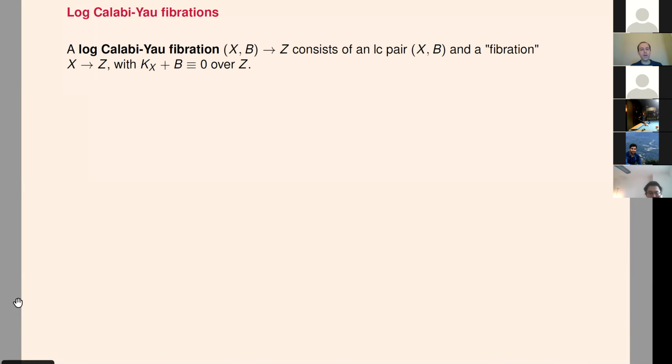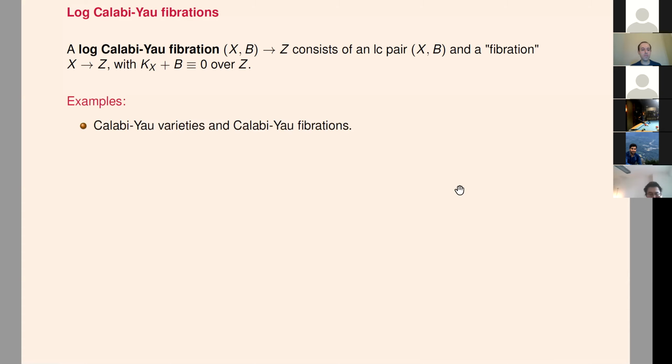A log Calabi-Yau fibration, we denote it by (X,B) to Z. This consists of a log-canonical pair (X,B), so this is log-canonical, and a fibration, as before, this is just a projective morphism with connected fibers, such that K_X plus B is numerically trivial over Z. So this is just similar to Calabi-Yau fibrations, except that we also have a boundary divisor here. So we work not only with K, but with K plus B. This makes the notion much more general than just working with Calabi-Yaus, as we see in these examples.